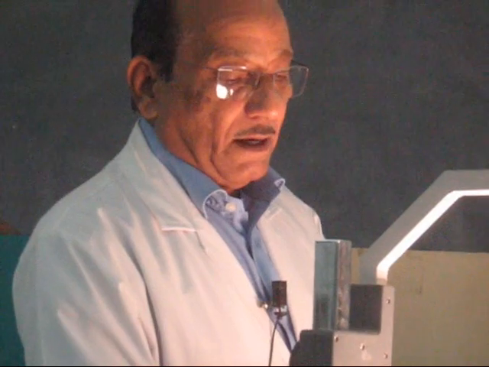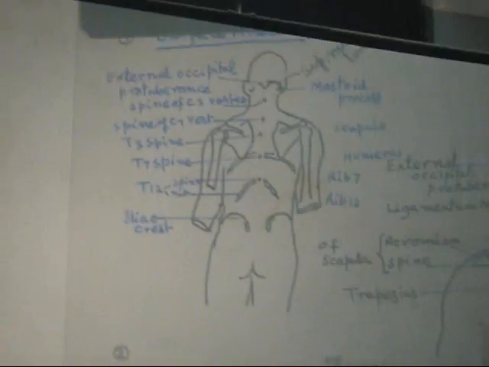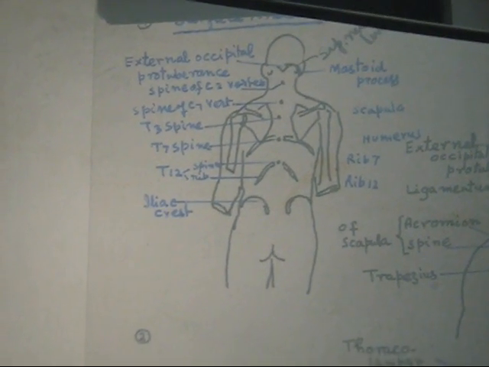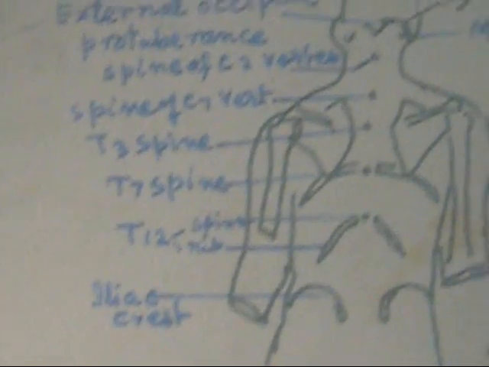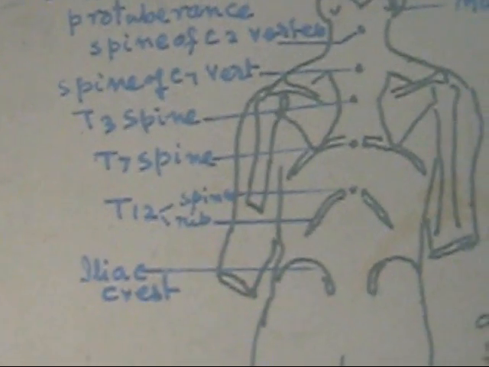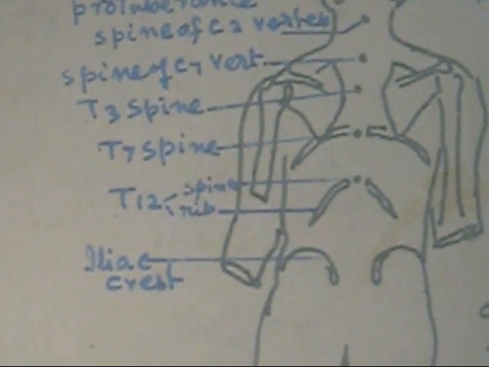Then what has been marked is the T3 spine, the third thoracic spine. T stands for thoracic and 3 of course is the third. There are 12 thoracic vertebrae, and the spines of all of them can be felt in the back.